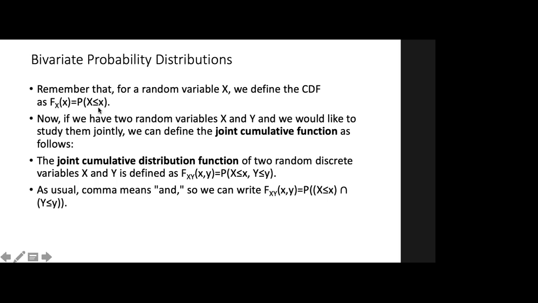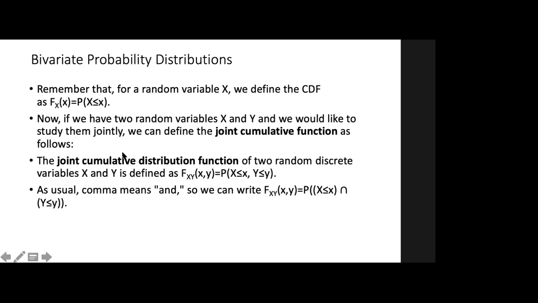For our dog example, if we focused on height only, we could ask: what is the probability that a dog has a shoulder height of at most 10 inches? What's the probability of a dog being 10 inches tall or shorter?